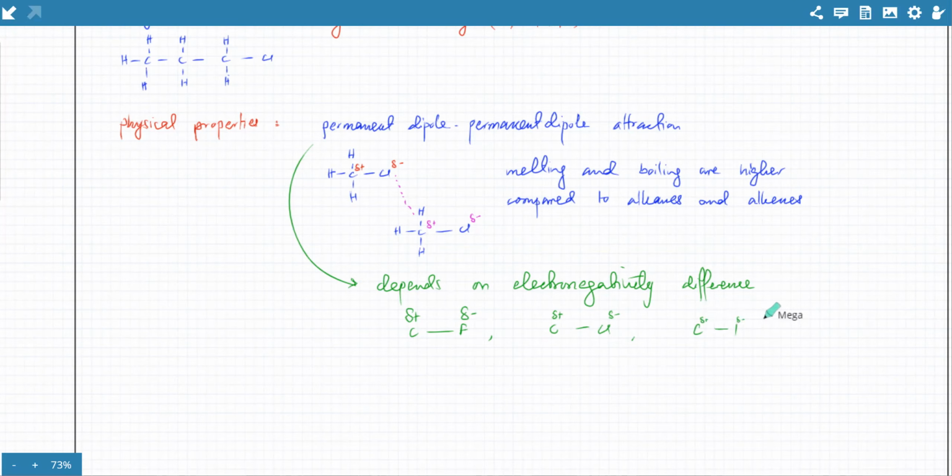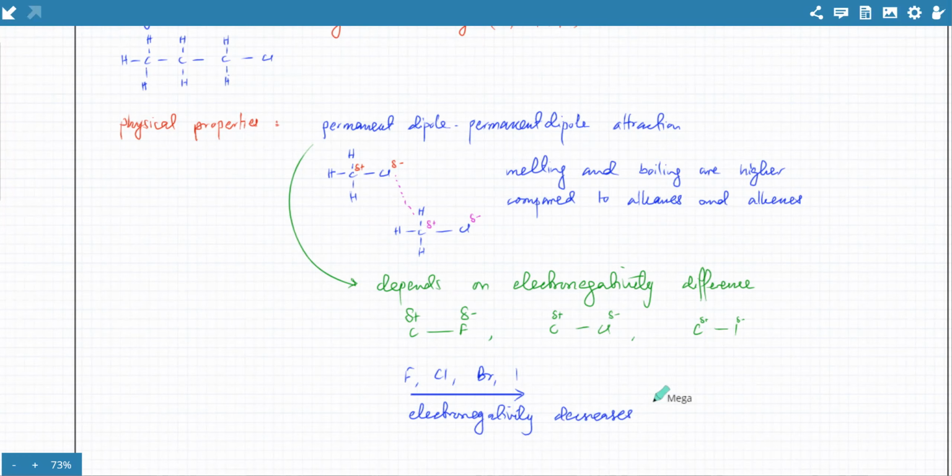So it all depends on the difference in electronegativity. Going down the group, from fluorine, chlorine, bromine, and iodine, the electronegativity decreases down the group. So all your physical properties depend on that.